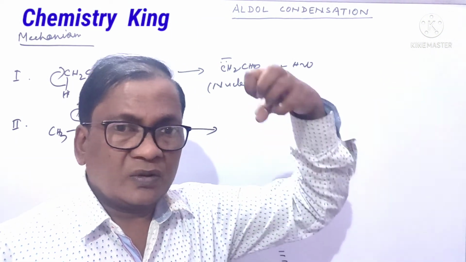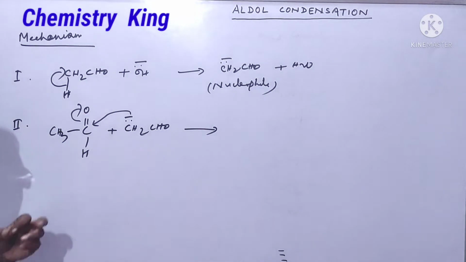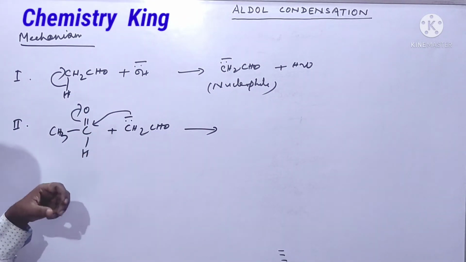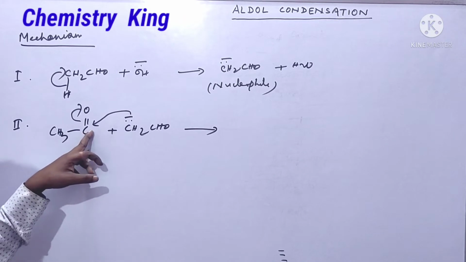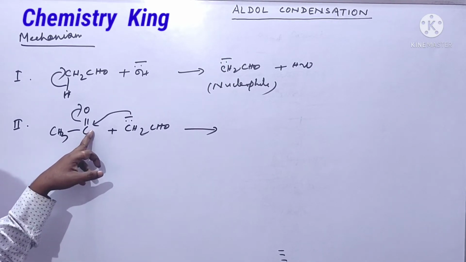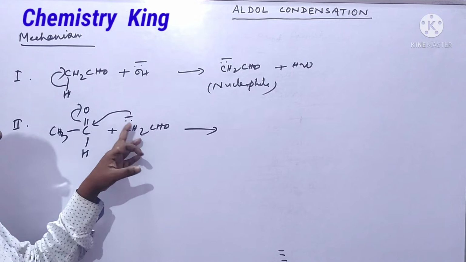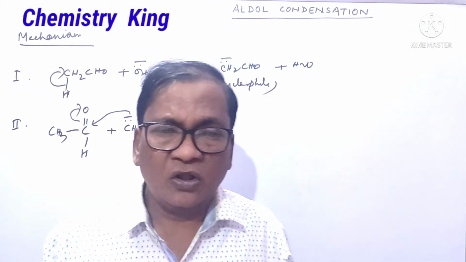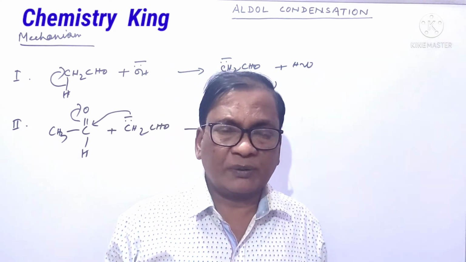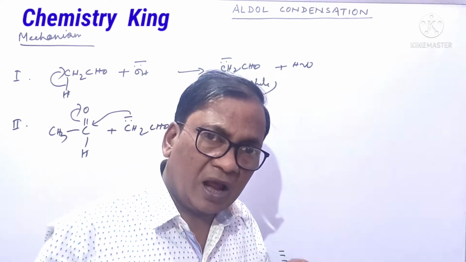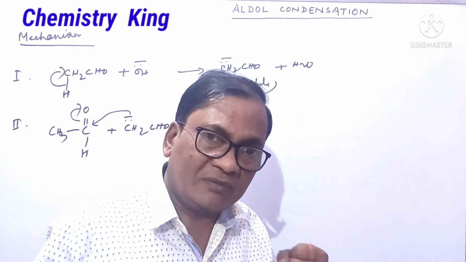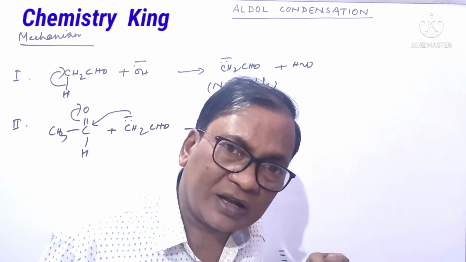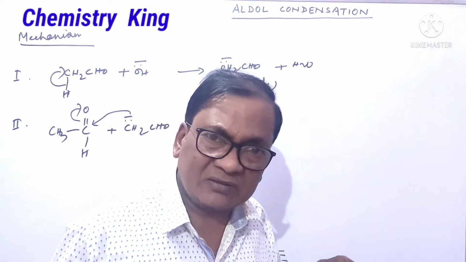So oxygen will withdraw the electron pair, shared paired electron from the carbon, leading to delta plus charge here, and so nucleophile will attack frequently on the carbonyl carbon. And so always say: nucleophile attacks on carbonyl carbon, dhaka dhak. Nucleophile attacks on carbonyl carbon, dhaka dhak.